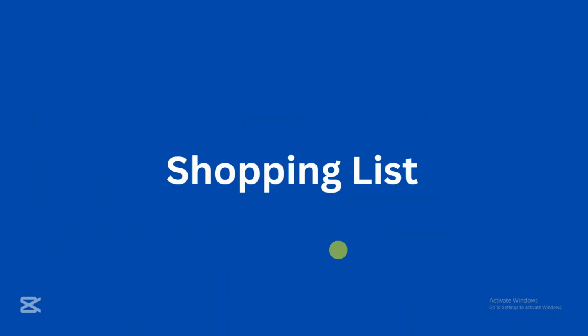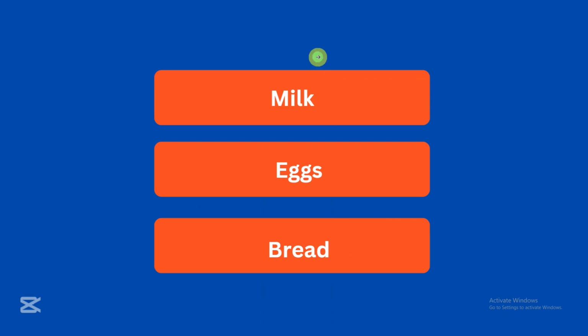For example, a shopping list can be an unordered list. Why? Because we don't need any specific order when we go and shop for items. We can just write all the items that we want on a piece of paper, and the order does not matter. So we can have milk, eggs, bread as the list of items or shopping items.